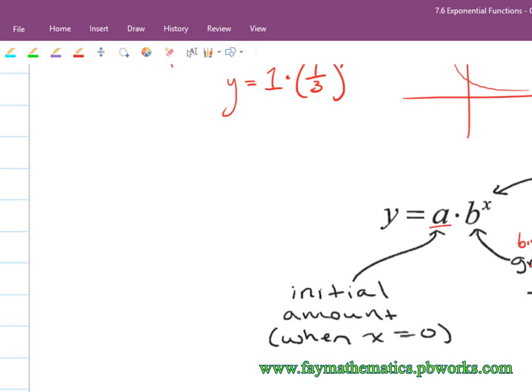This a value is the initial amount when x is 0. A lot of times it's 1, but if we had a curve here like this, where right there, let's say, it's an exponential, maybe it looks something like that. That value there would be, because x is 0, the amount on the y-axis would be 3, so my a value would be 3. I'll give you a demonstration of that real quick.